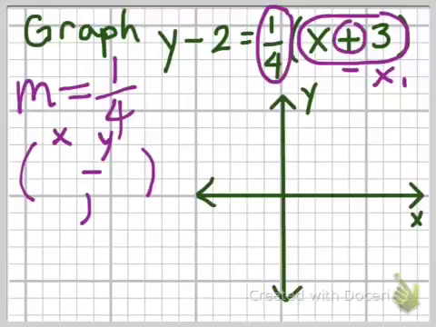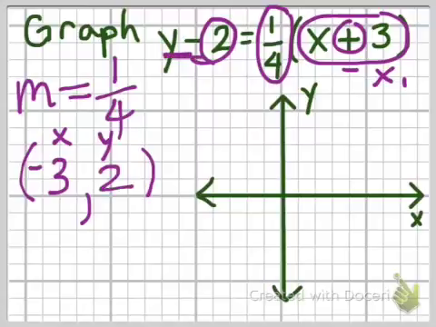So our 3 has to be negative, but we don't want to put it in the y spot. We want to put it in the x spot. So -3 for x, and our y, which is the number that's over here subtracted from the y, is 2, so our point is -3, 2.